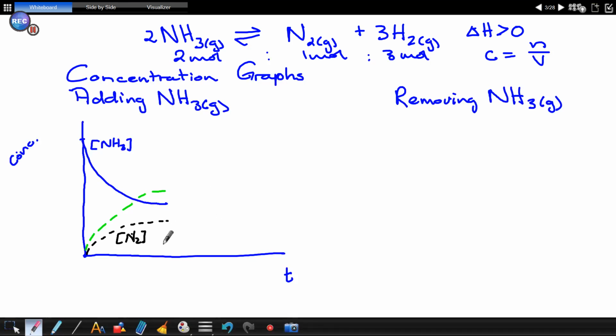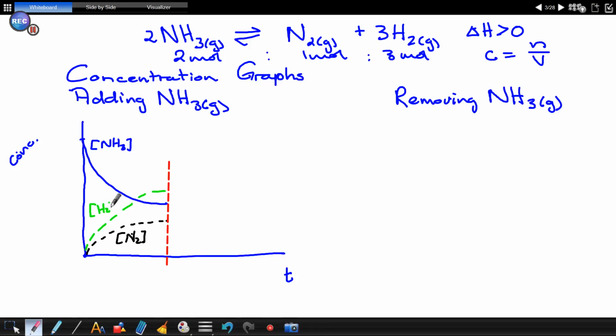So here, a new equilibrium is established. At that point, we've got equilibrium. Is the green one hydrogen? Yes, sorry, let me do that one. So is red the equilibrium? Red is the place in time where equilibrium is reached.